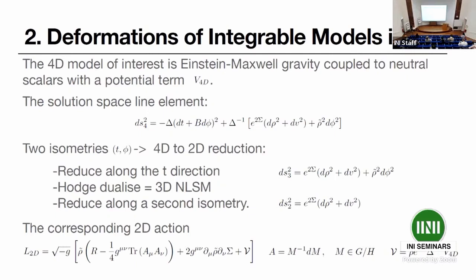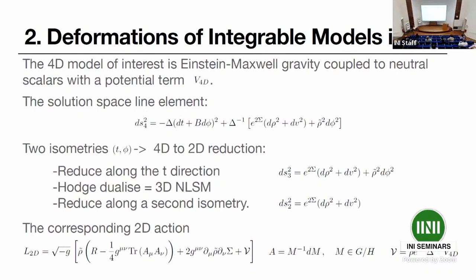This rho tilde plays the role of, if you look at it in comparison with Roberts, the R that he had in his action, and there is a U1 gauge field, and then these are the kinetic terms for rho tilde and sigma, and this is the potential term that descends to 2 dimensions from a 4-dimensional potential term, and these are, of course, warpings that you pick up from the 4-dimensional reduction.